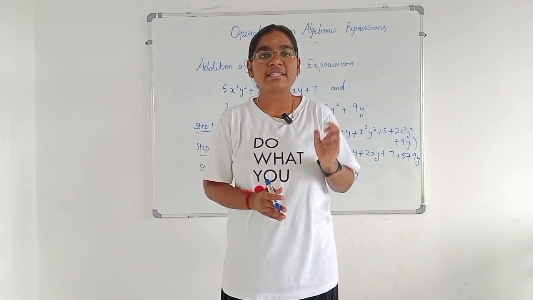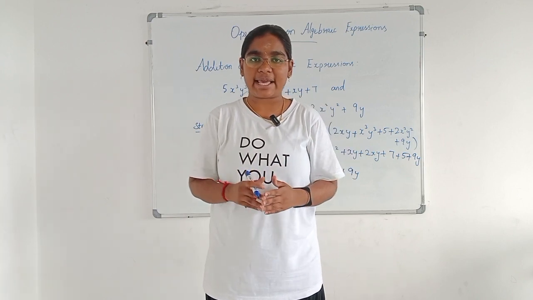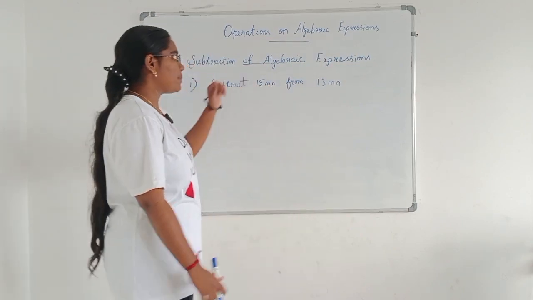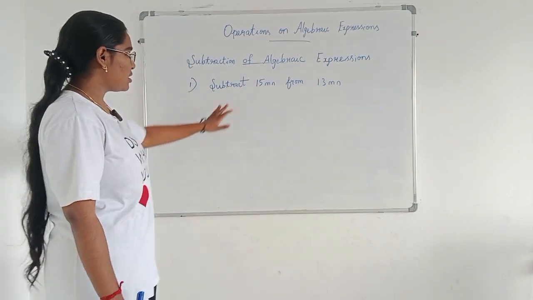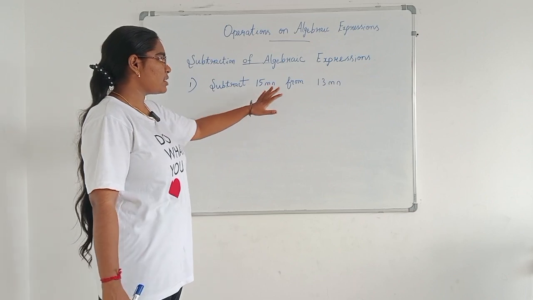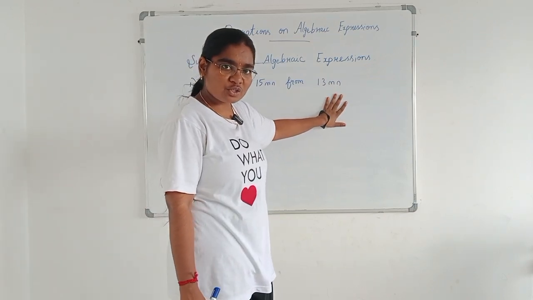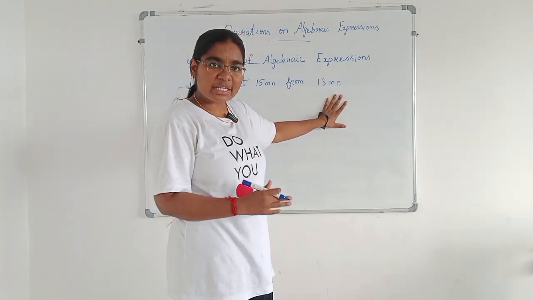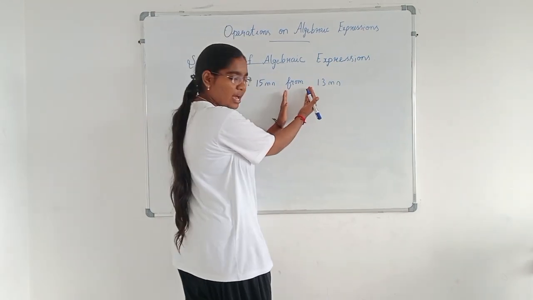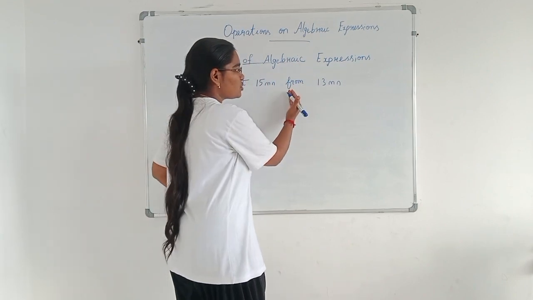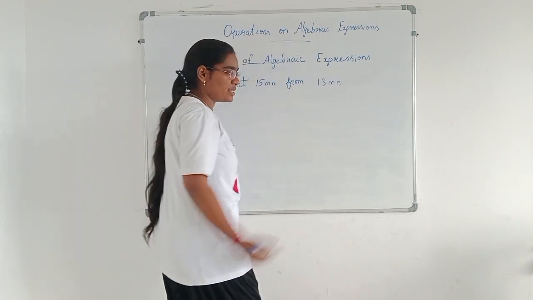Next, we can watch the subtraction of algebraic expressions. In subtraction of algebraic expressions, the first question is: subtract 15mn from 13mn. Usually, whatever term you are facing after "from", you have to write it in front. So after "from", 13mn is there.